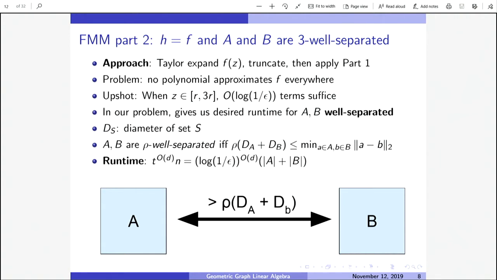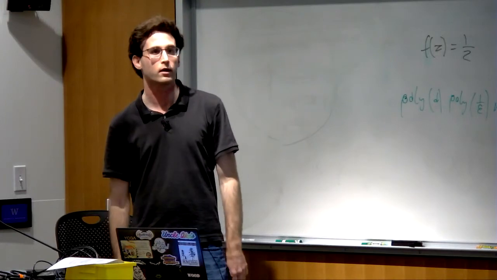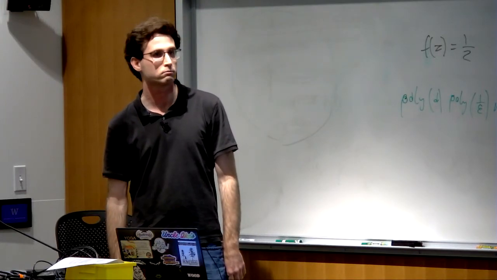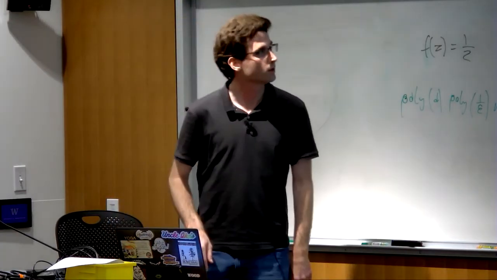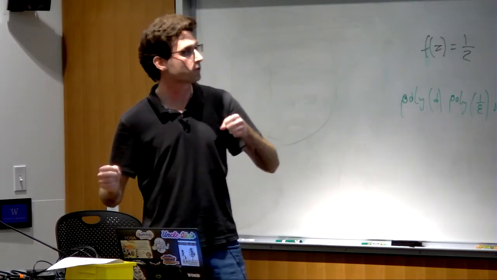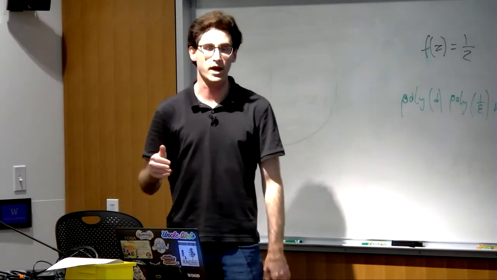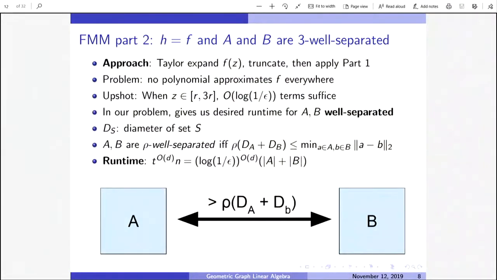Is that the definition of well separated? Yes, we're going to say that two sets A and B are well separated if the minimum distance between the sets is at least rho times the diameter of either set. So if A and B are well separated, then all of the distances lie in this interval.